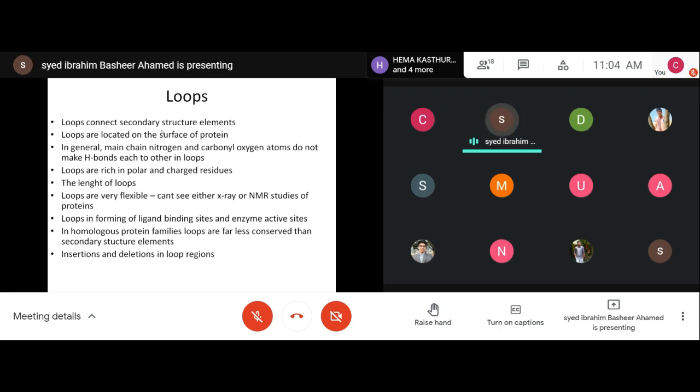If you go to the PDB site and download the PDB file, you might notice the loop region will be missing. The coordinates will not be there for the loop region. That means the loop region is highly dynamic, so it was not captured in the X-ray structure.